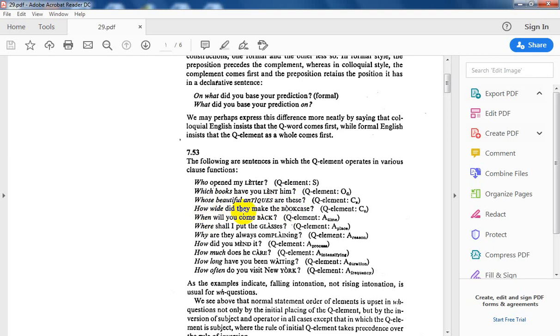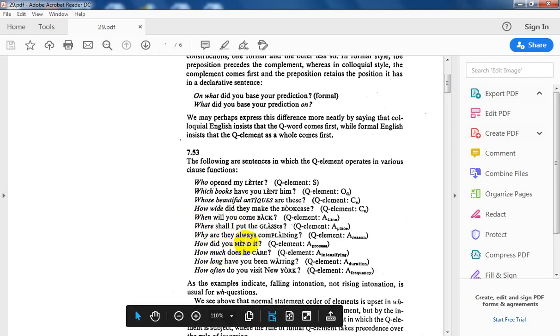How wide did they make the bookcase? It is an object complement because it takes the function of the object complement. When will you come back? It is an adverb of time. Where shall I put the glasses? It is an adverb of place.